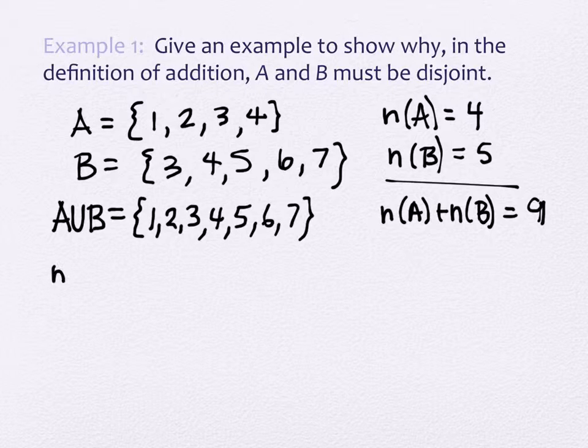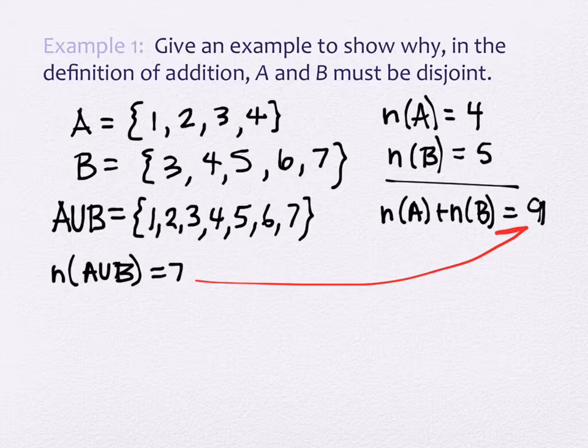What are the number of elements in A union B? 7. And the whole point of this exercise was to show that when they overlap, these numbers don't match. These are not equal. So in order to make this work, we would have had to have them be non-overlapping, non-intersecting, disjoint sets.